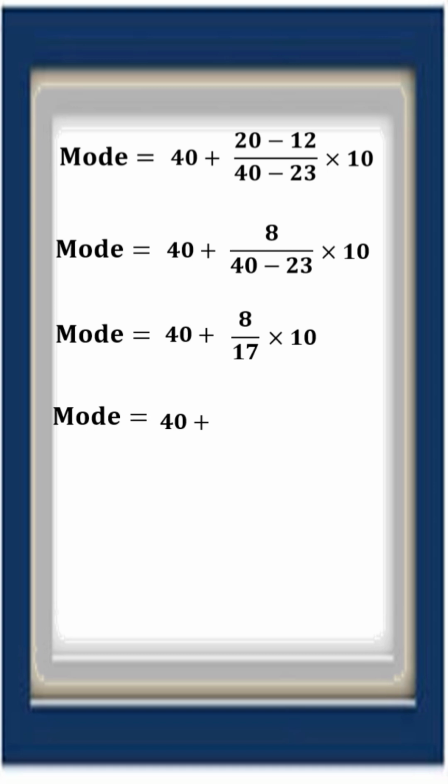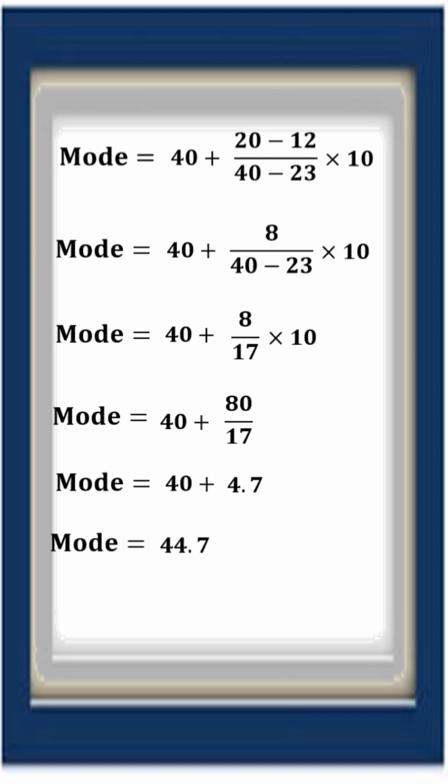So mode is equal to 40 plus 8 into 10, that is 80, 80 by 17. So mode is equal to 40 plus 80 by 17, which is 4.7. So mode is equal to 44.7. Hence the mode is 44.7.